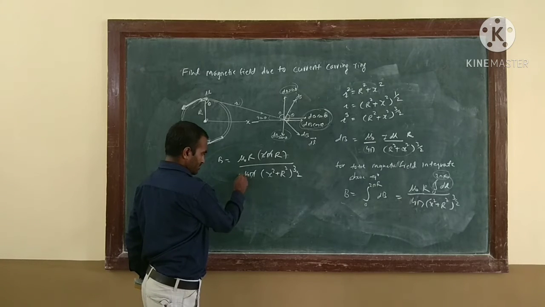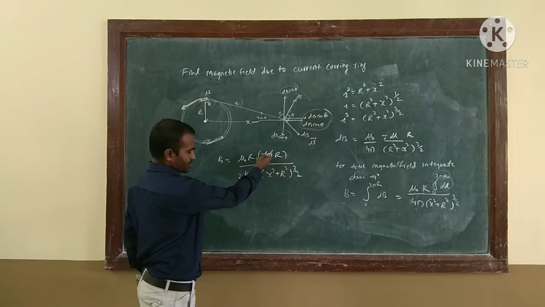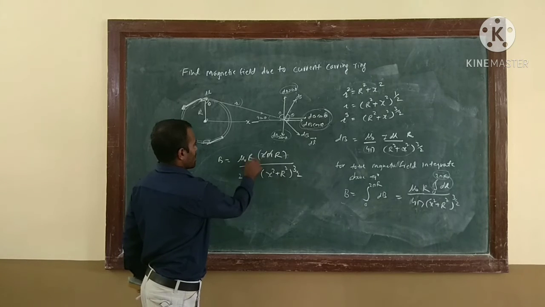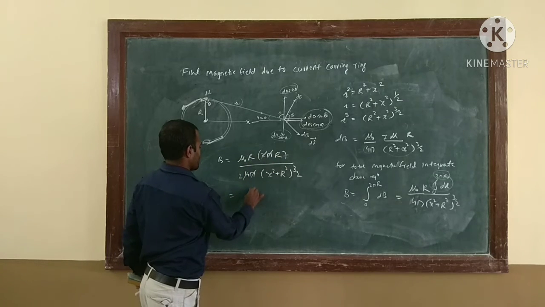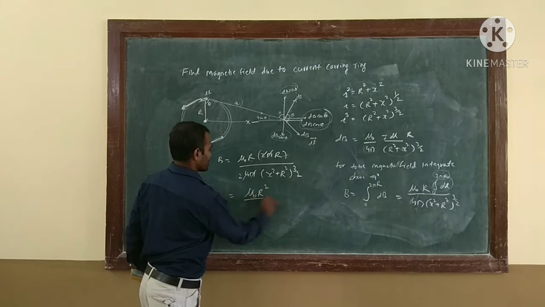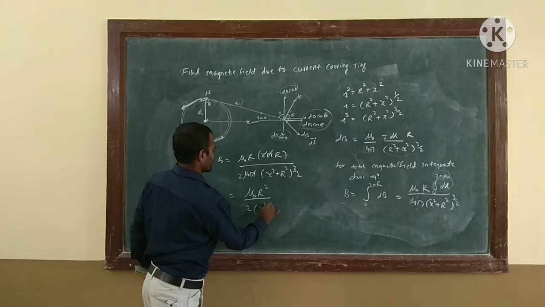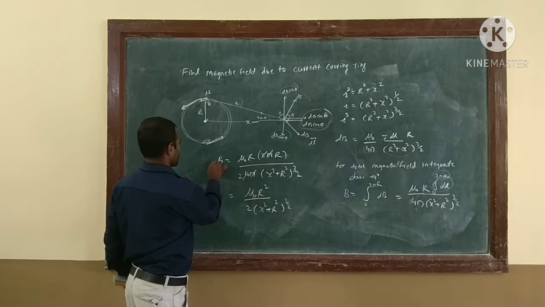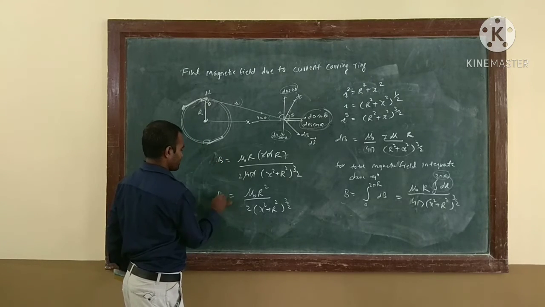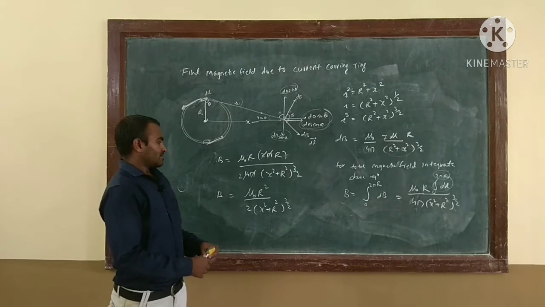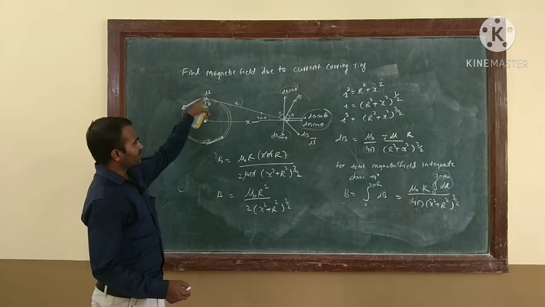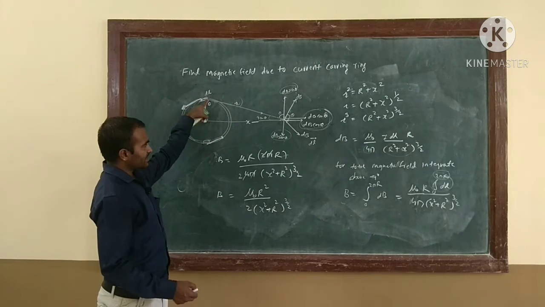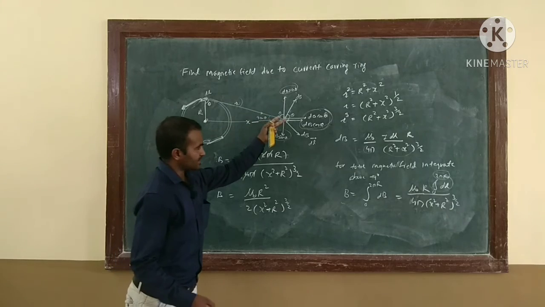In place of 4 you can write 2. R and R will be square, so B is equal to mu 0 I R square upon 2 times R square plus x square raised to 3 by 2. This is the total magnetic field due to a current carrying ring at distance x from the center.